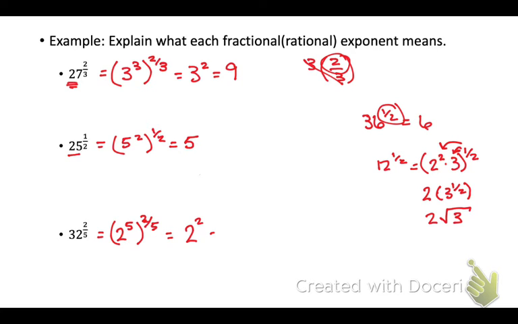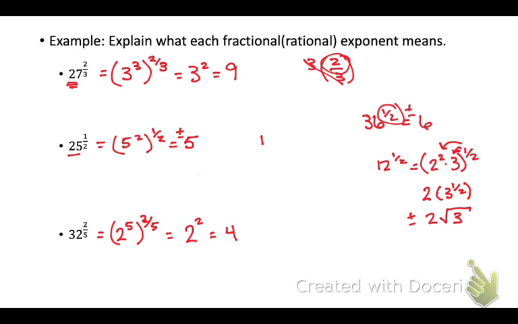Squared, which is 4. Now I'm going to blow your mind, guys. I'm going to go back and say your answer to 25 to the 1/2 is really plus or minus 5. And 36 to the 1/2 is really plus or minus 6. Why? The square root, I'm going to take this and say plus or minus the square root, because it could be negative.